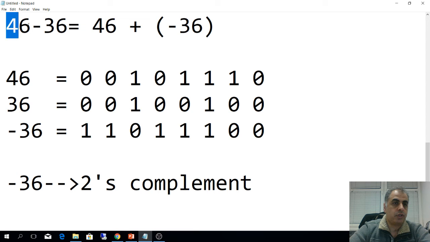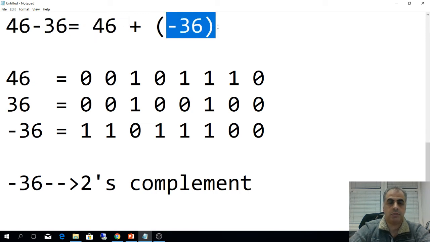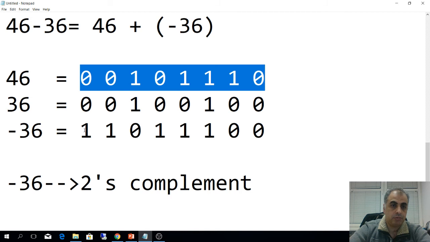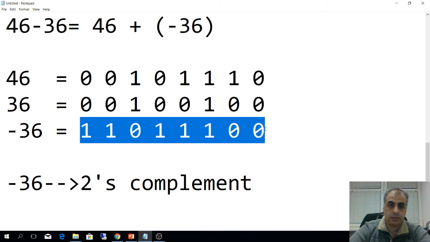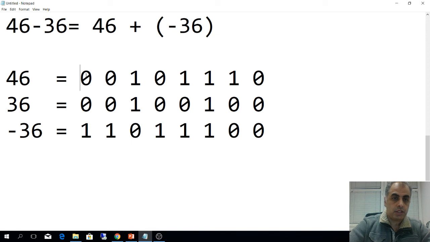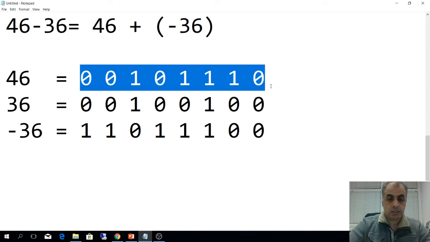We said 46 minus 36. In other words, 46 plus minus 36, because we cannot subtract anything from a number. So we are going to add this number plus this number. Okay, so now we are going to do addition, like we have done already in the previous video.